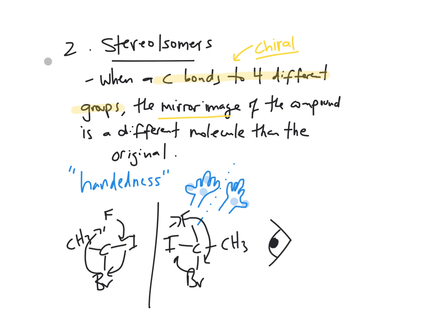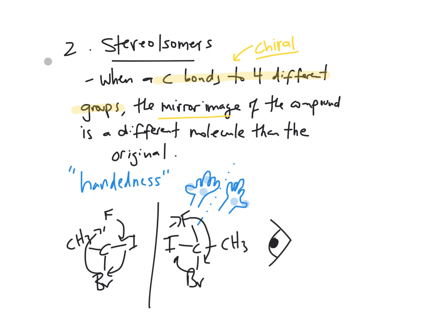So the rotation would be slightly different, and the way those reacted with other molecules would be really different. There have been examples throughout history where the different enantiomers, the 2 different versions of these compounds, react really differently in a very significant way in biological systems.